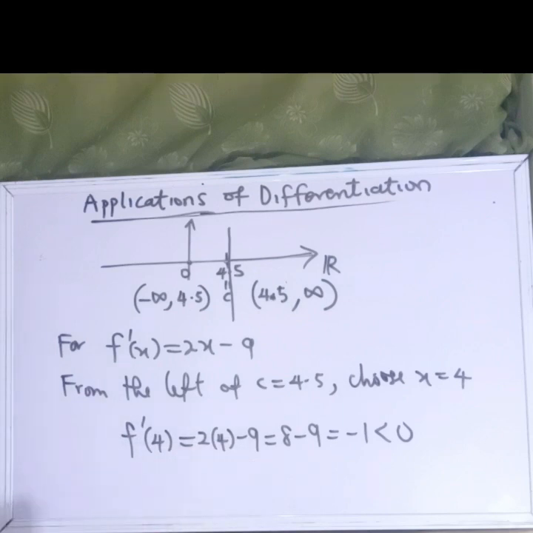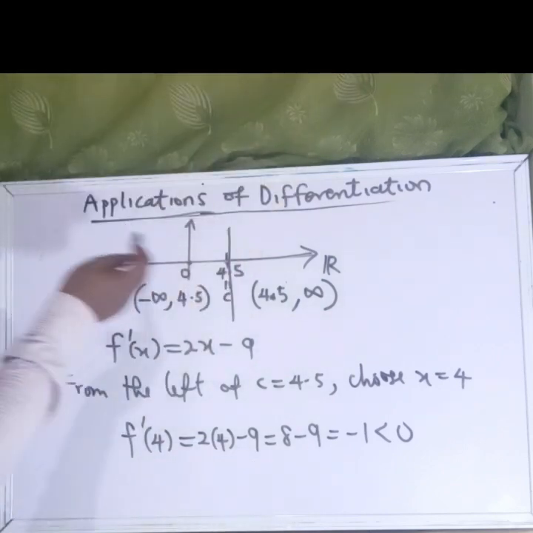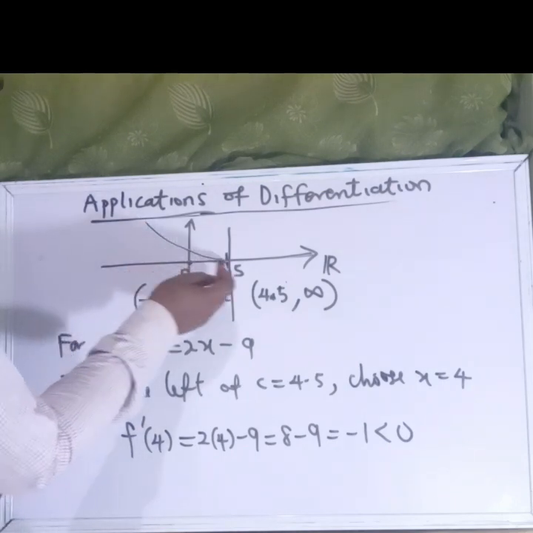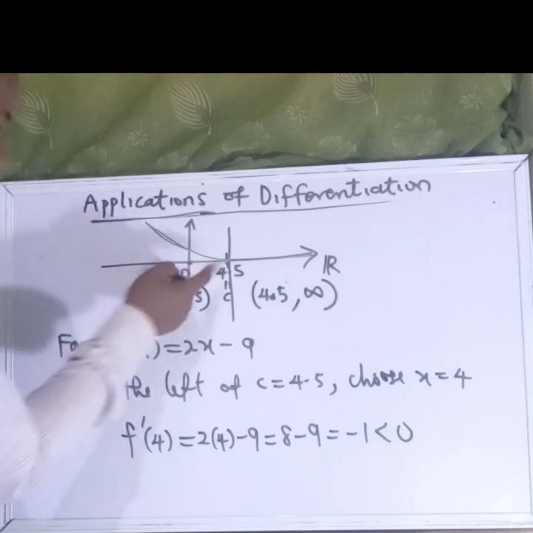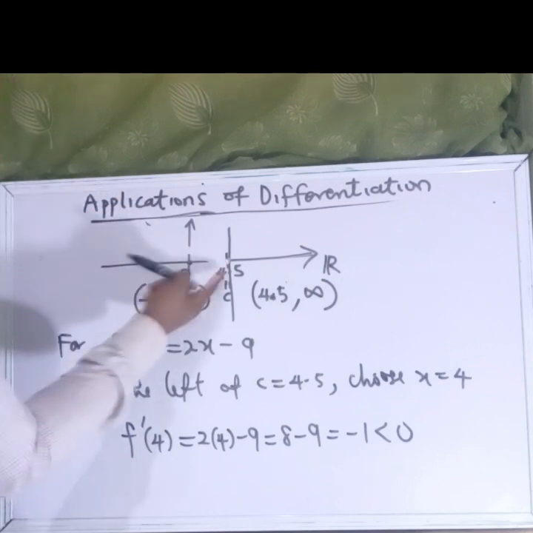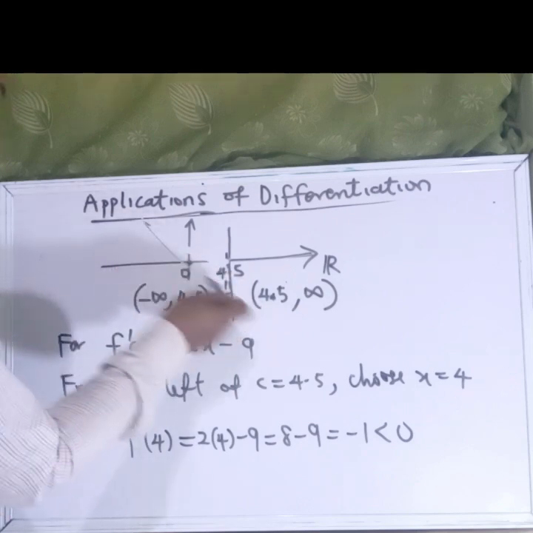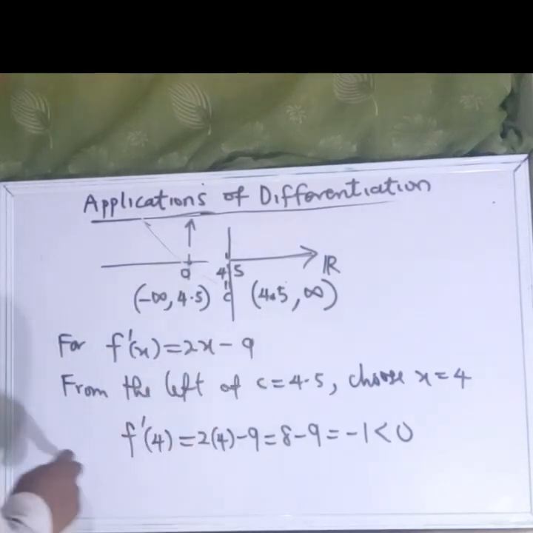What it means is that the curve is coming this way. It is coming down. Though we don't know the exact shape, we know the curve is coming down.